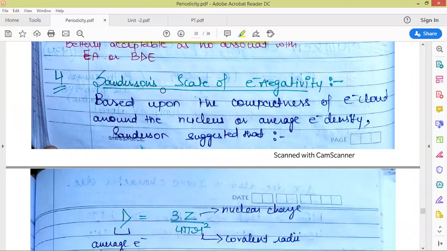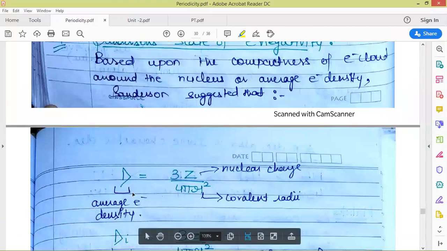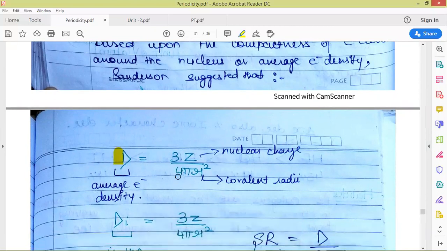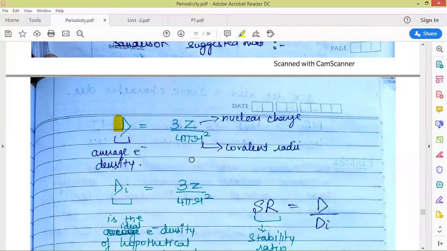Next scale was given by Sanderson. He related the electronegativity with the compactness of electron cloud around the nucleus, or we can say average electron density. For the average electron density, which he represents with D, he gave the formula that it is equal to 3Z divided by 4 pi R square, where Z is the nuclear charge.